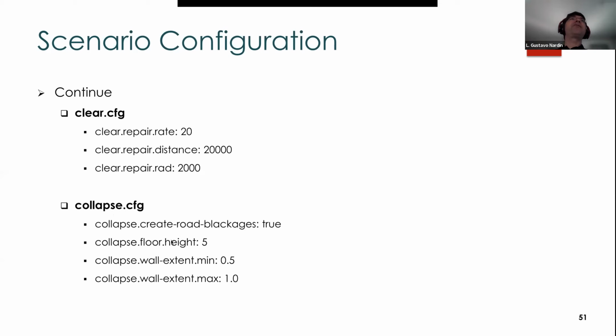And we can define the strength of the disaster by defining the height of floors in each one of the buildings and the width of the wall, minimum and maximum. Okay, if you increase these numbers, the number of blockades generated by the simulator will be larger, and the same for the height. If you increase the height of the floor, it means there's more wall that crumbles and generates more blocks.